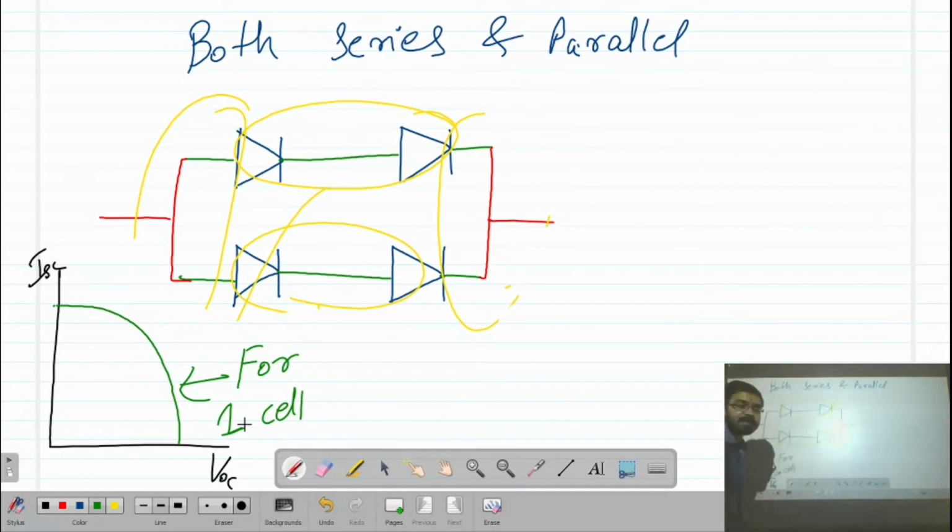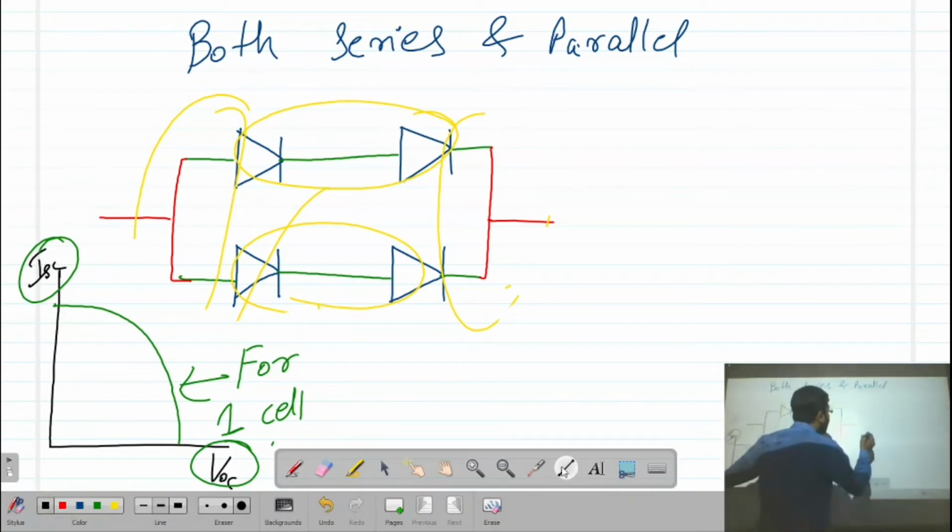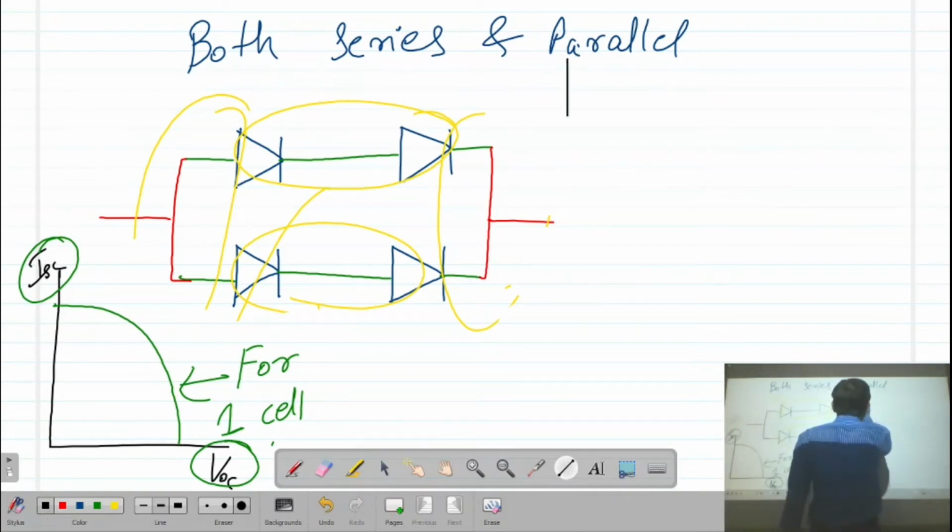Now if we use the series connection, then the voltage will increase. If we use the parallel connection, then the current will increase. But if we use both of them, then both VOC and ISC are going to increase, right? Both VOC and ISC are going to increase. Let us see that.